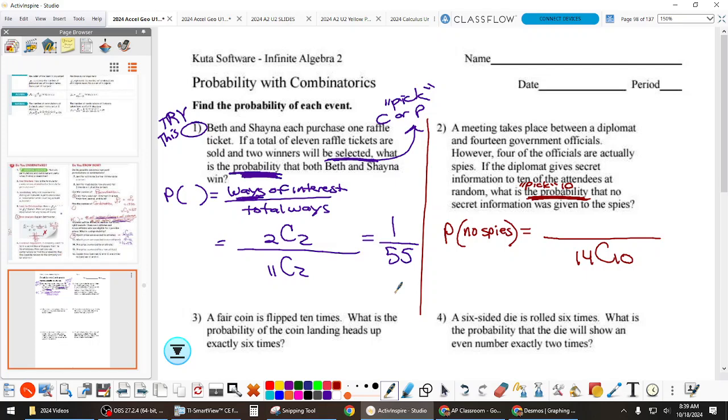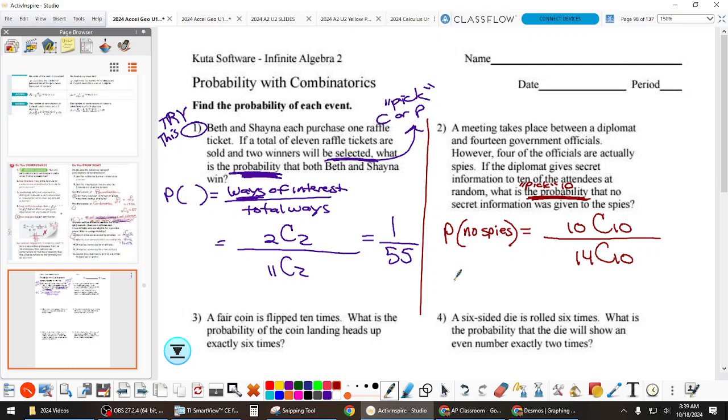What would you say? Well, out of the 10 officials, I'll pick 10. Okay, tell me why. Why did you say 10 choose 10? I'm not saying you're wrong, I just was curious what your thought process was.